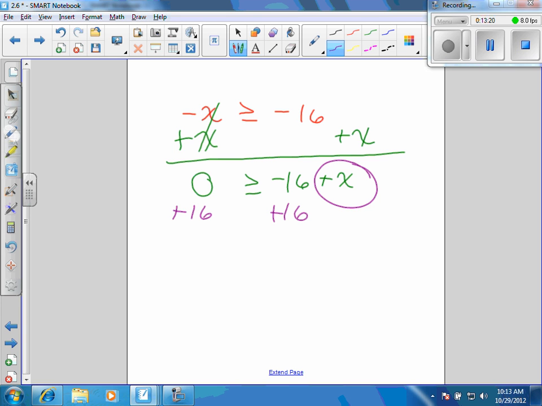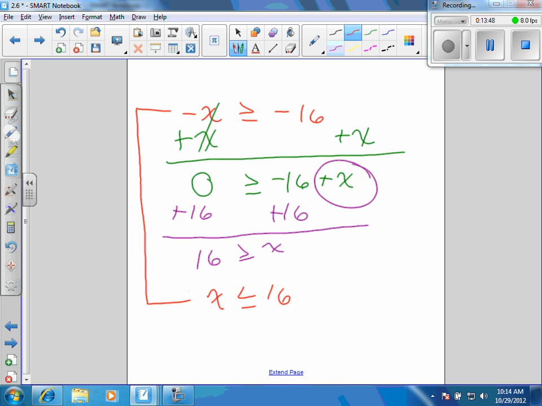Okay, so keep going. What do you have on the left? 16. And the sign stays the same, right? And then you have x. So Vanessa, if I rearrange it and put x here, what do I do with the sign? It's less than or equal to 16, right? So look at what we started with, and look at what we ended with.